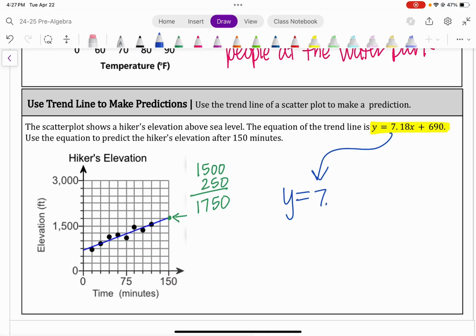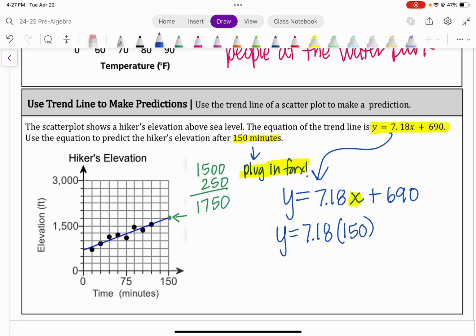And then if we use the equation, so we're given this equation, y equals 7.18x plus 690. When we plug in 150, that's our x value. We're going to plug that in for x. So 7.18 times the 150, and then add 690.